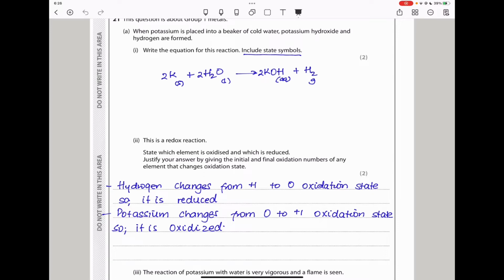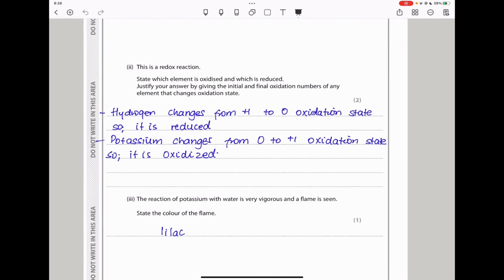We also see hydrogen going from +1 oxidation state to 0, so hydrogen is being reduced. So here I said hydrogen changes from +1 to 0 oxidation state, so it is reduced, and potassium changes from 0 to +1 oxidation state, so it is being oxidized.